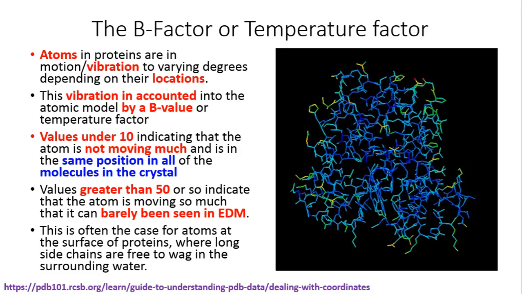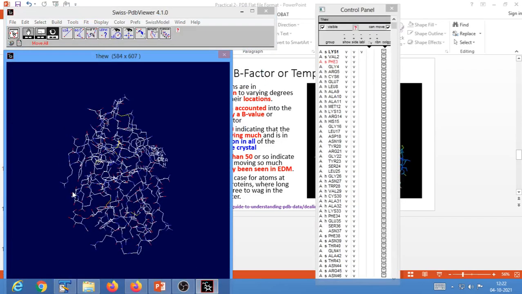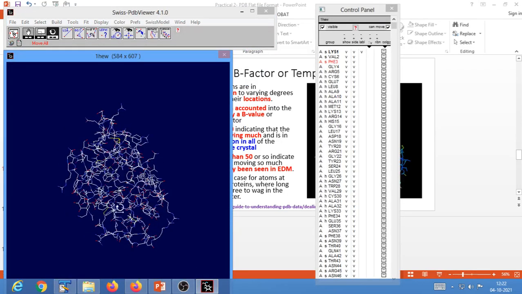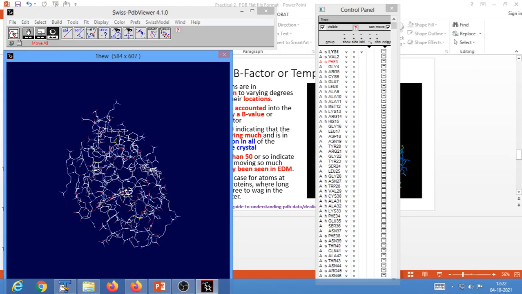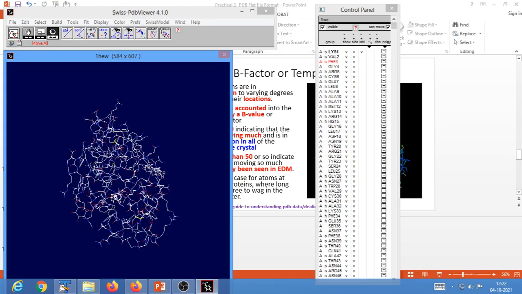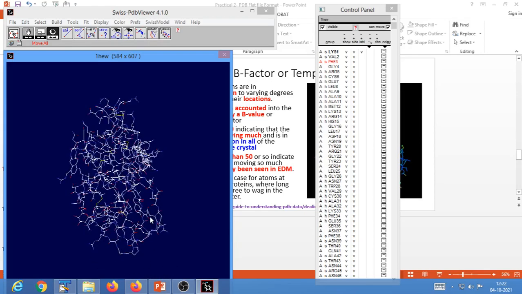Usually the atoms that are present in the core of your protein do not move much, because the core is usually stabilized, while the atoms that are present on the surface of your protein show a bit of movement. The side chains that are exposed to solvent usually show movement.